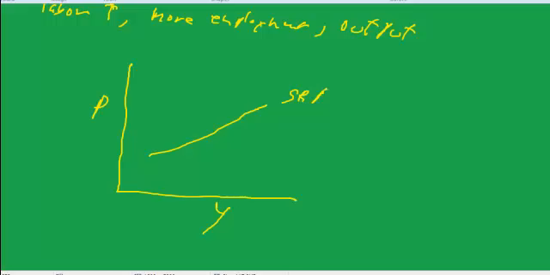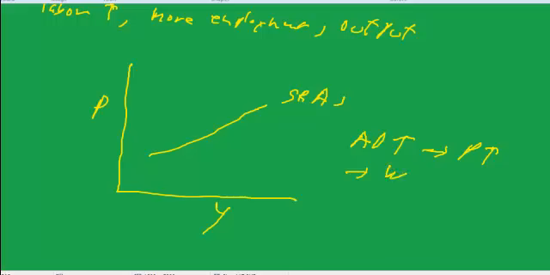The story behind this short-run aggregate supply curve, which has prices and output going up together when aggregate demand goes up, is that aggregate demand goes up, and that makes prices go up.